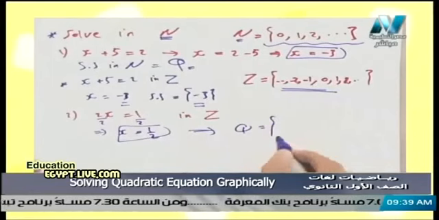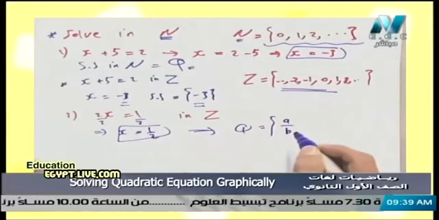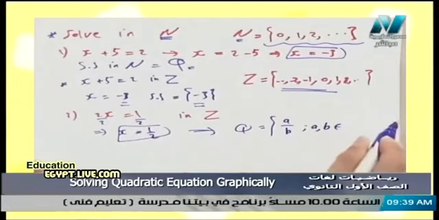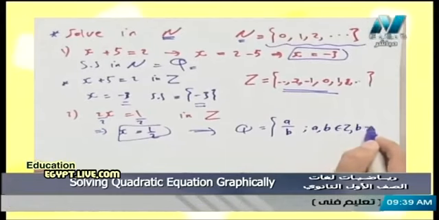Q is a set of any number that can be put in this form a over b, where a and b belong to Z, and b of course doesn't equal 0.